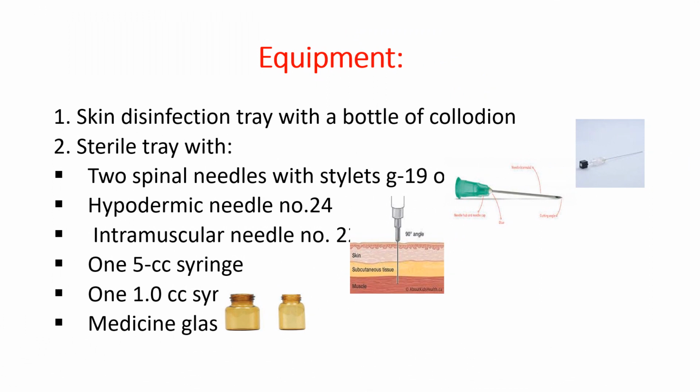What equipment is needed? The skin disinfection tray, a bottle of collodion, and a sterile tray with two spinal needles of gauge 19, a hypodermic needle number 24, an intramuscular needle, a 5 cc syringe, a 1 cc syringe, and a medicine glass.